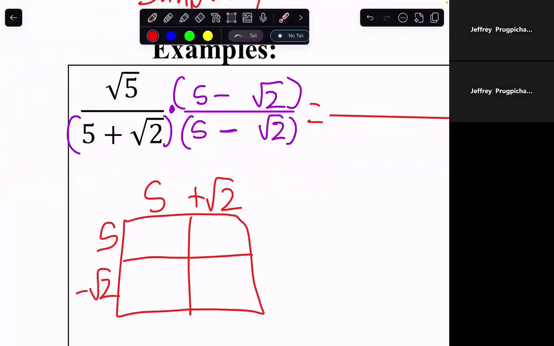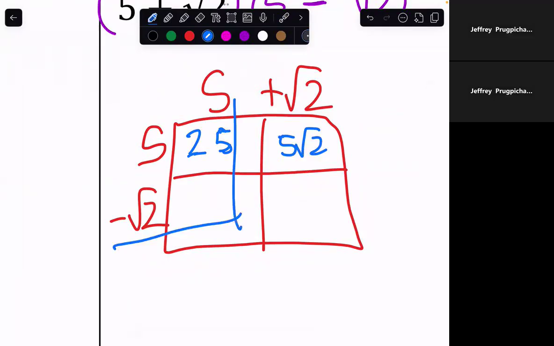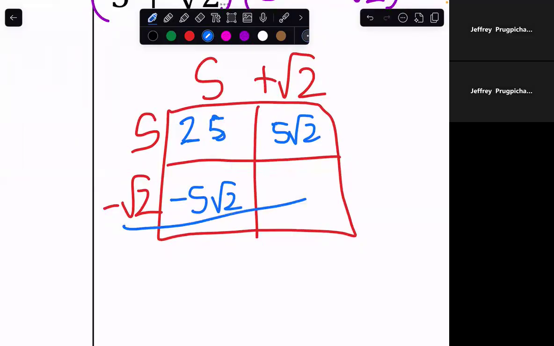To distribute, I have to do every pairing. 5 times 5 is 25. 5 times radical 2, the 5 goes in front and the radical 2 is attached. 5 times negative radical 2, the 5 in front becomes negative 5, keep the radical 2. And at the end, we have negative 1 times positive 1 on the outside, which becomes negative.